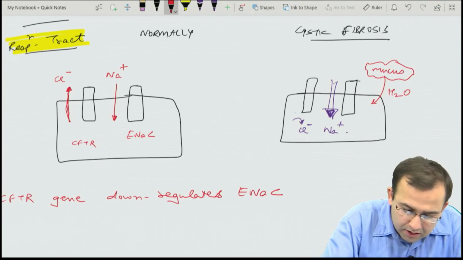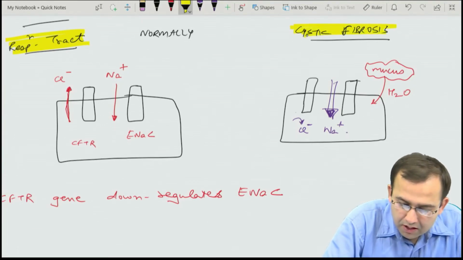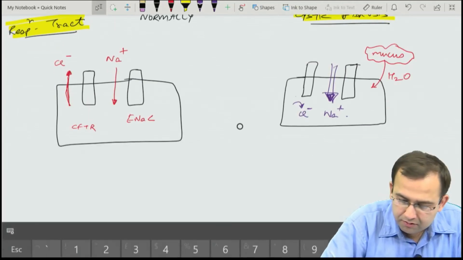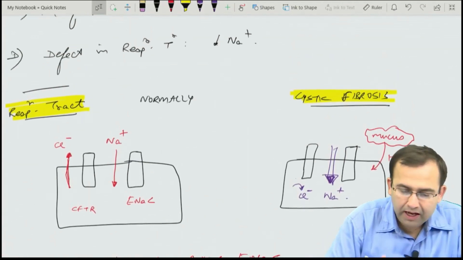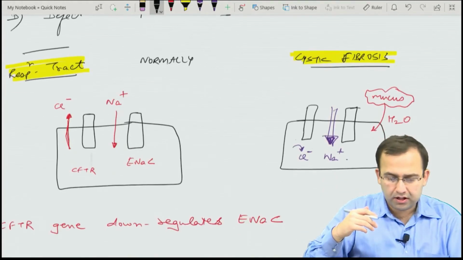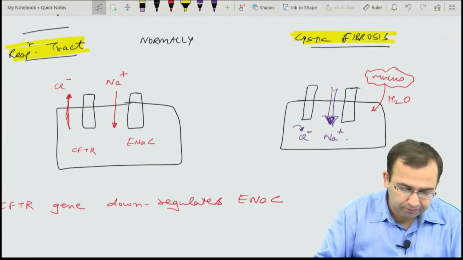So in cystic fibrosis, the defect in the respiratory tract is increased sodium absorption, not reduced.